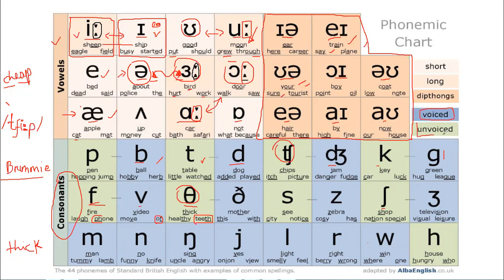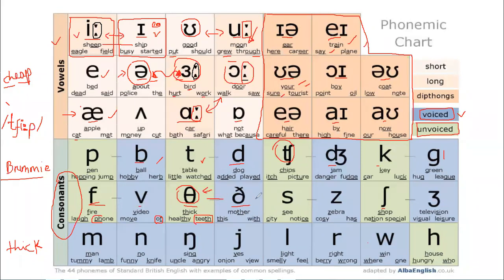Y los unvoiced son los que no vibran. Este es un sonido unvoiced, pasa el aire, pero en mi garganta no pasa nada. Opuesto al sonido the, tengo vibración en mis cuerdas vocales, por lo tanto es un sonido voiced. Y este es el sonido mother, the, this, with.